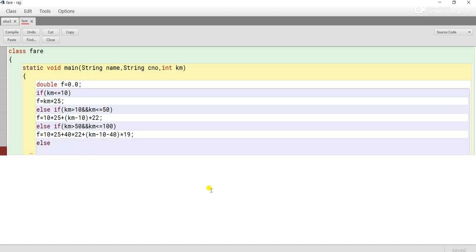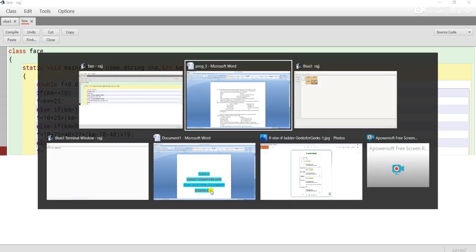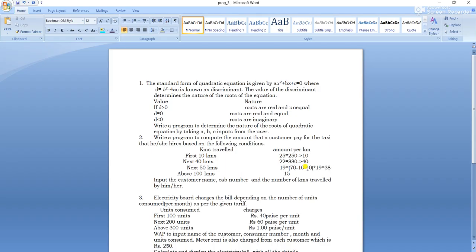Now how to give fare? Even here also, look at the way of calculation. Again go back and see this table. Suppose you traveled more than 100 kilometers, for example 130. When you travel 130, for the first 10 kilometers, 10 into 25, it became 250. Then for the next 40 kilometers, 40 into 22, it became 880.